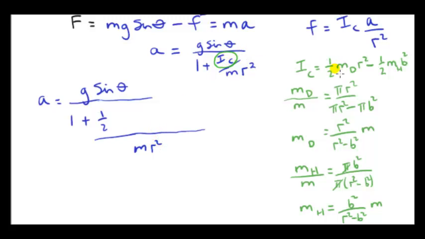So we want IC, so it's a half times MD. Well, here's MD in terms of M, R squared over R squared minus B squared times M, minus a half times MH, which is B squared over R squared minus B squared, multiplied by M. These M's cancel.